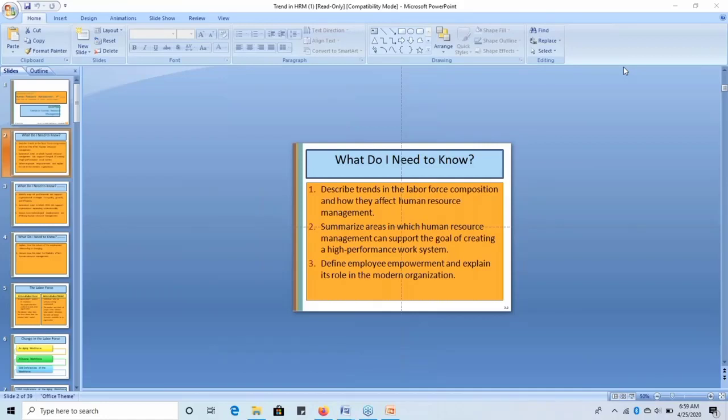So let's move to the next slide, which has to do with number 4.